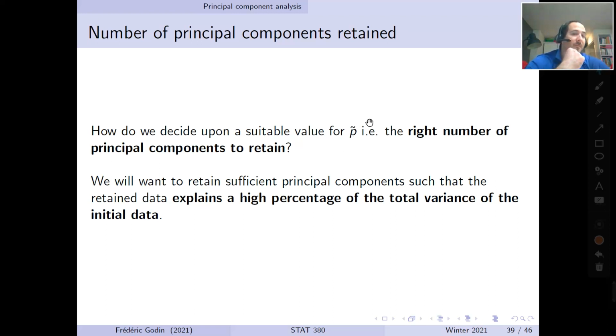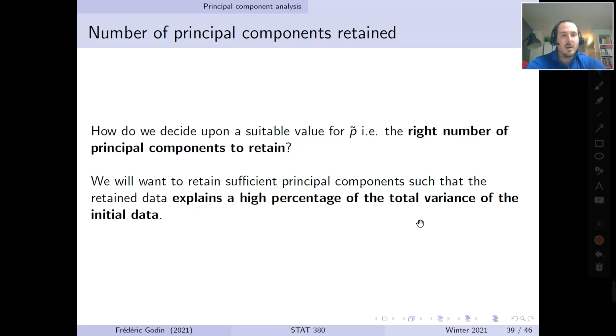Well, there are various ways to do that, but a typical way is that we want to retain enough principal components or enough predictors in the new data set such that the predictors we retain explain a high percentage of the total variance of the initial data.